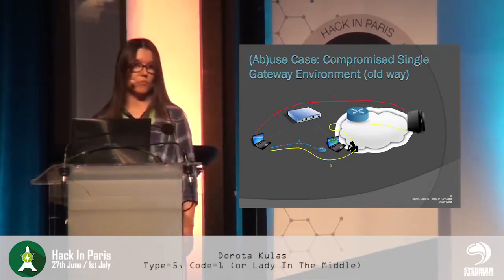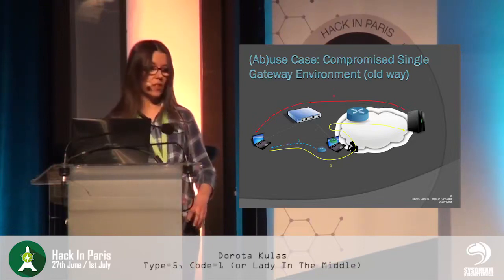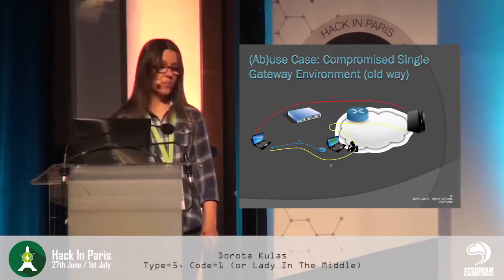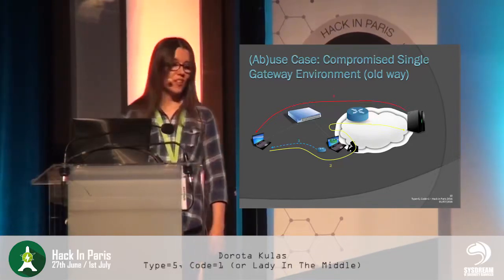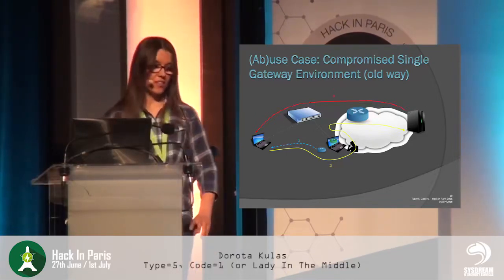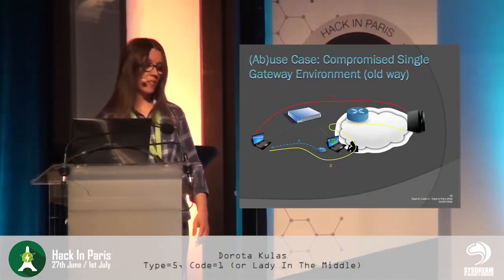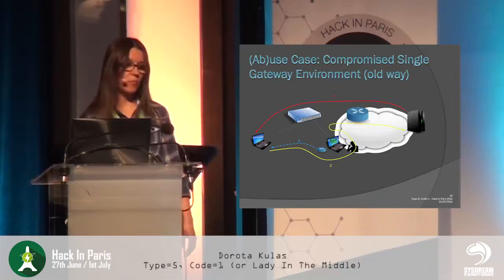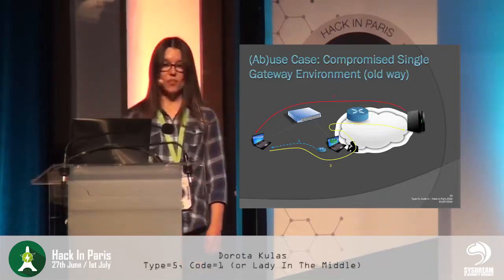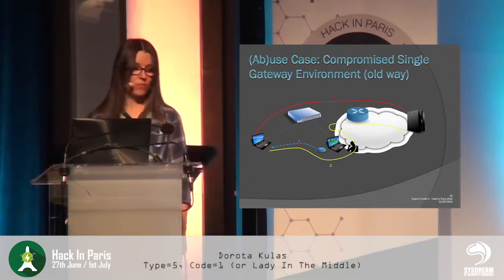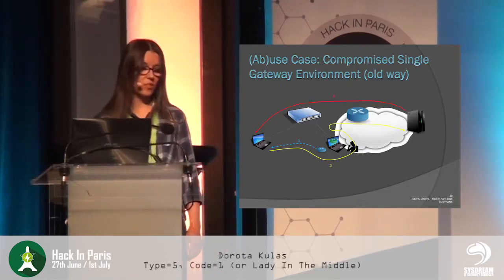In this scenario, the blue router would be the default gateway to reach this black server. So the attacker claims to be the blue router and sends the ICMP redirects, and the user OS happily installs the new route into the routing table. And right now, we can easily be the man in the middle.